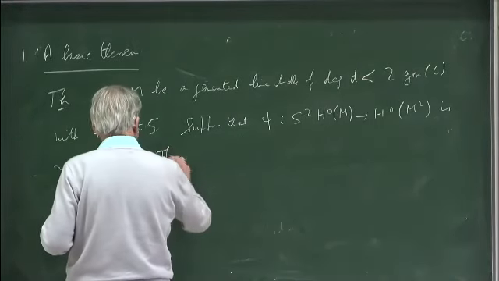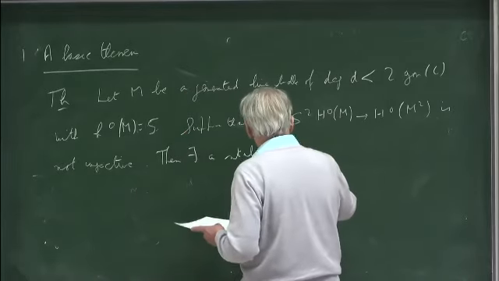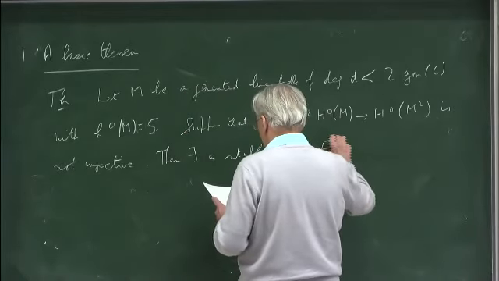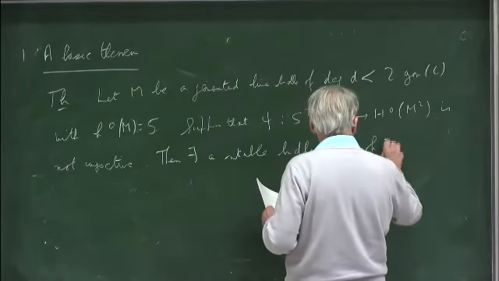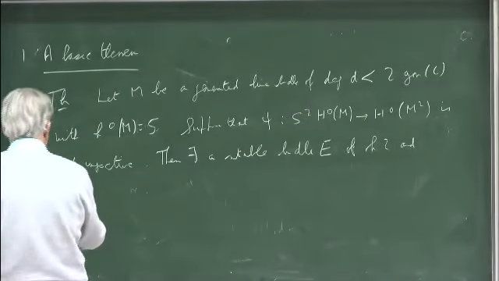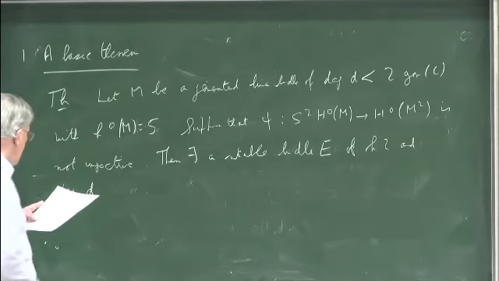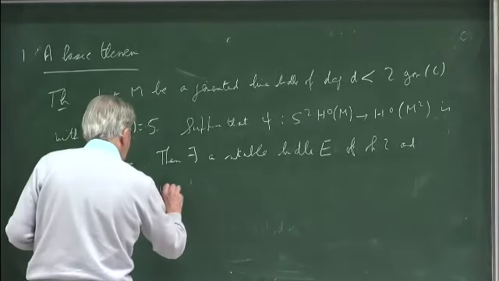Then there exists a stable bundle E, and it's actually stable, not just semi-stable, of rank 2 and degree d, which I've defined, have I? Yes. Degree d on C with h^0(E) equals 4.